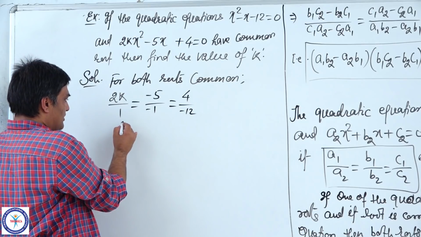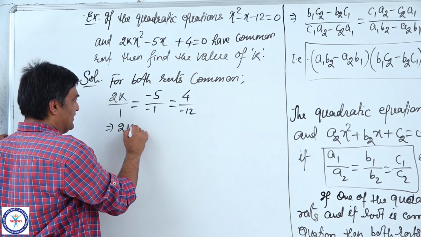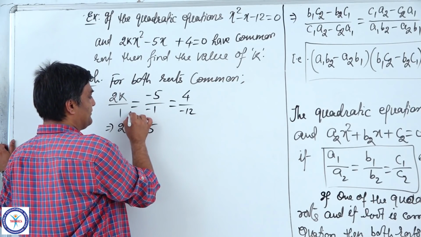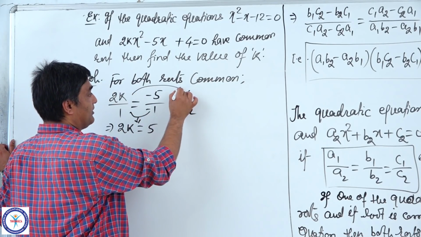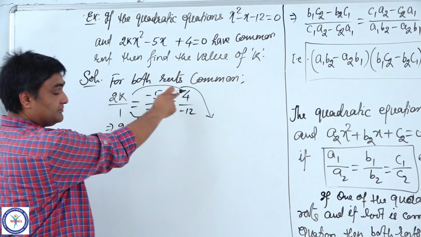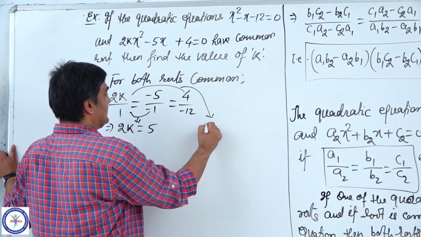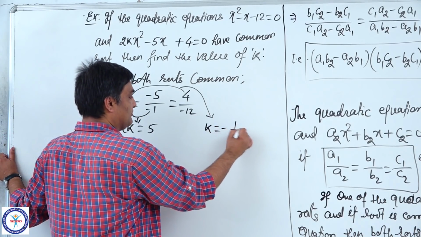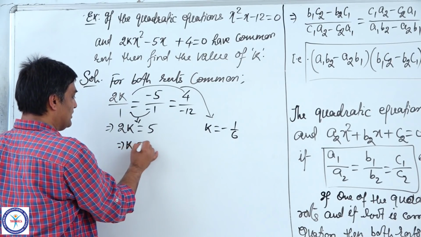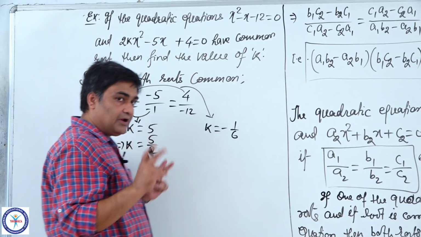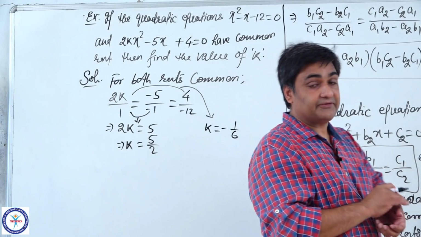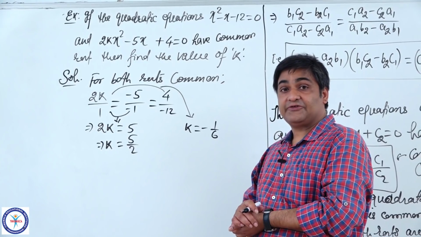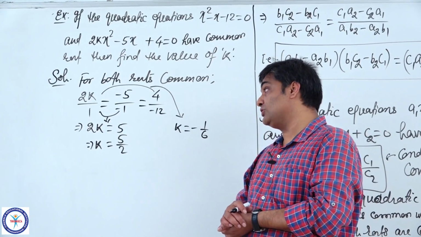So this implies 2k equal to 5, and from first and third, k is equal to -1 by 6. Here k is equal to 5 by 2. It means that these two equations cannot have both roots common.